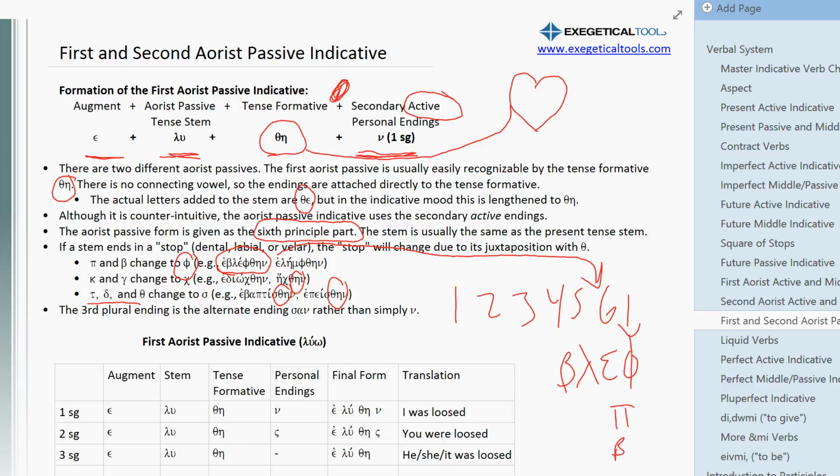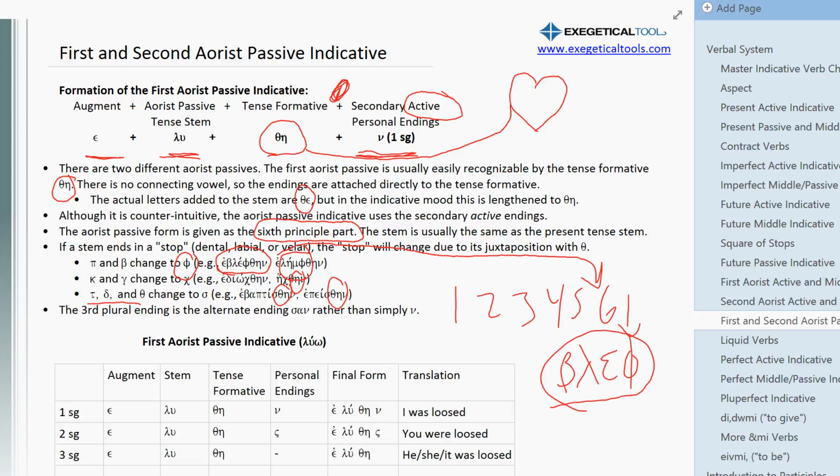So in that sense, using this kind of method or thinking about it this way helps you to see the aorist passive stem and then kind of work backwards to figure out what verb it is. Now the stem might be completely different, like lamphthane. That's completely different from the present tense stem, so that's not really going to help you to say, oh, it's lamp. But with like blepo and verbs that are similar like that, it's easier.